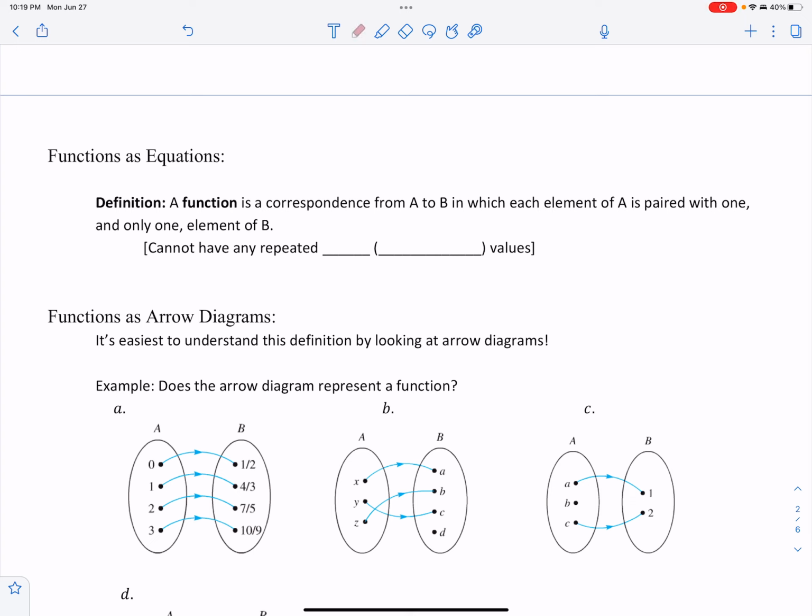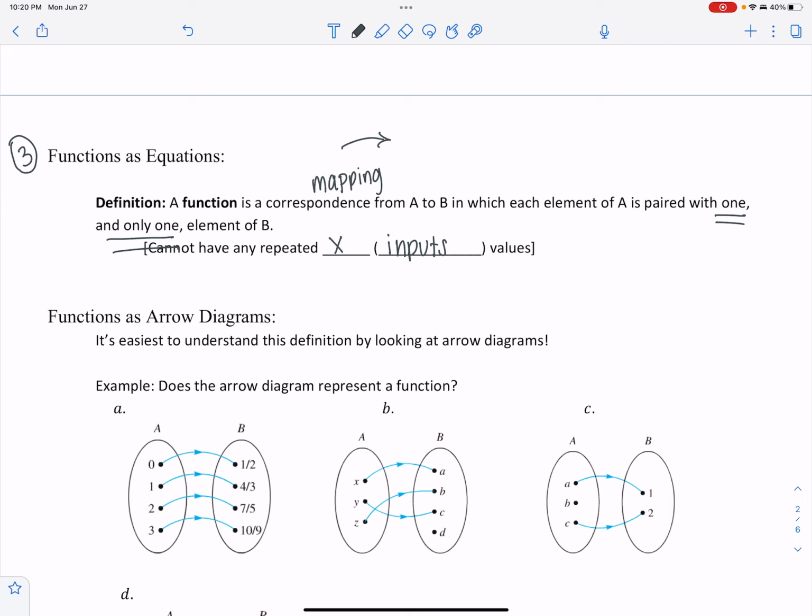The next way we're going to look at functions is functions as equations. The definition of a function is a correspondence from A to B. Sometimes you'll hear it called a mapping, which just means things are going from A to B, in which the elements of A pair with one and only one element of B. What this means in terms of math is you cannot have any repeated x values or inputs.